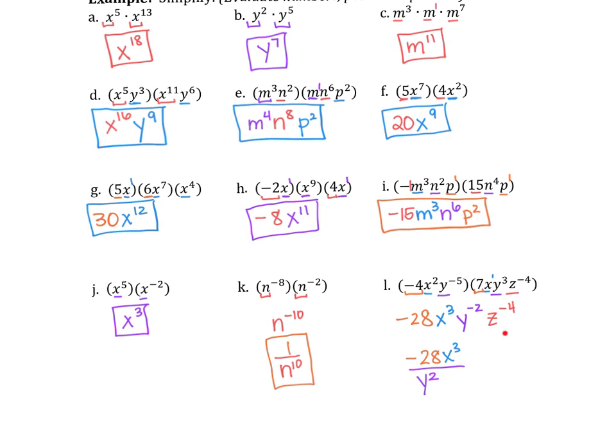And then I look at the z to the negative fourth. The z has a negative exponent. Because it has a negative exponent, I will move the base to the bottom so I can change it to a positive exponent. And then this is my final answer. I multiplied out any numbers and I changed all the exponents to positive by moving the bases to the appropriate place on the fraction.